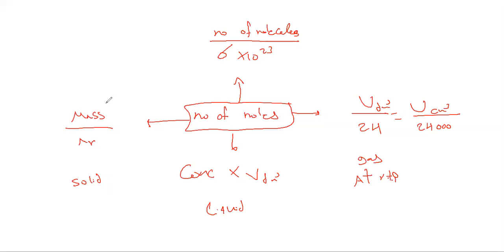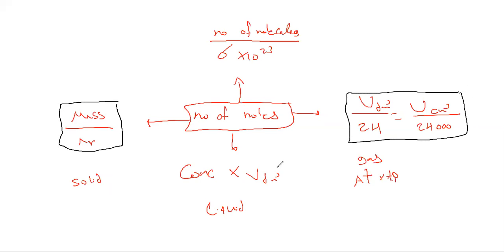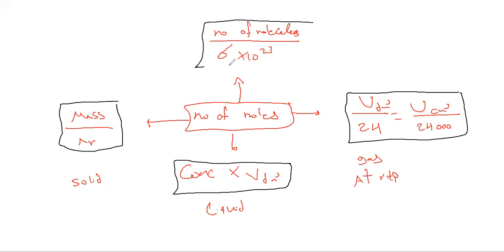How can we know that? Can I use mass over molar mass, or volume over 24, or concentration multiplied by volume, or particles over Avogadro's? This is Avogadro's constant, or Avogadro's number. How can we know? For the units of mass, you will find it gram, kilogram, or ton. So this is mass.